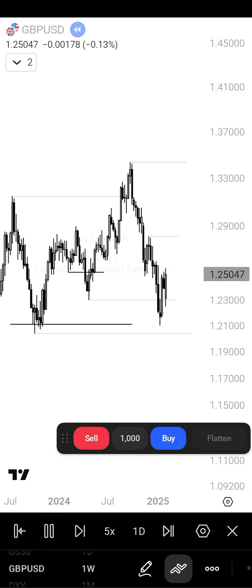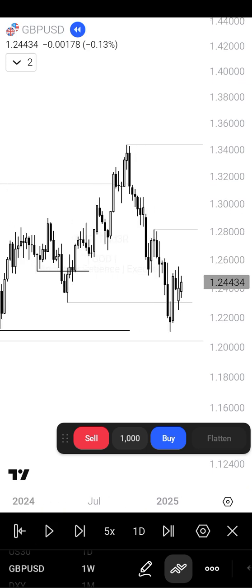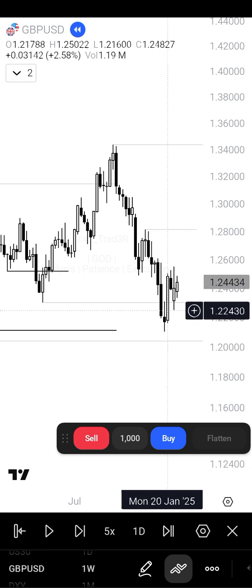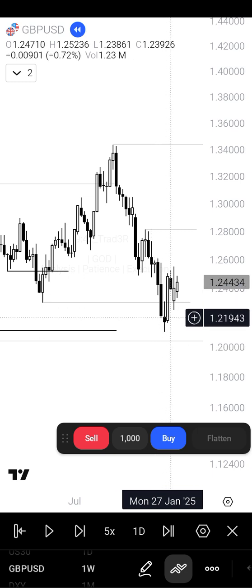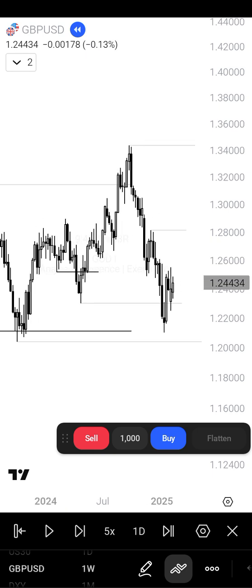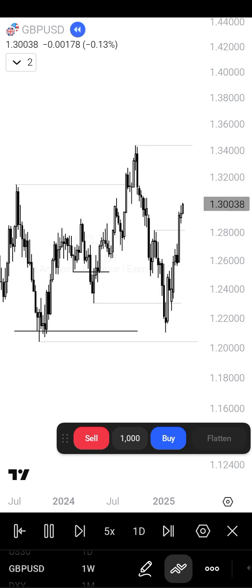So now you can see here, after the liquidation, price created this weekly fair value gap, and if you go to the daily time frame, you see more fair value gaps that price will use to continue pushing upward. So those are the key levels I focus on: highs and lows and fair value gaps after liquidations. You can see price pushing higher and higher and higher.